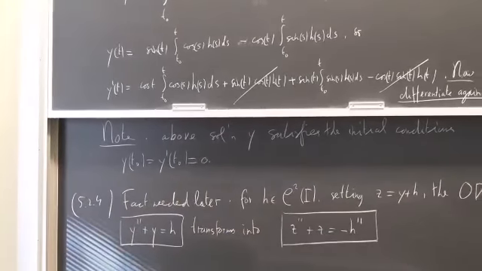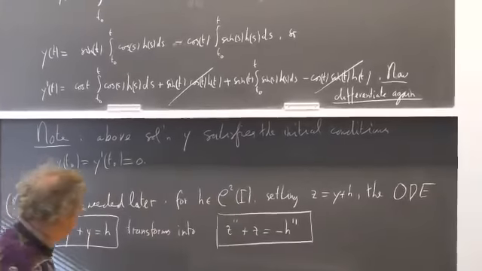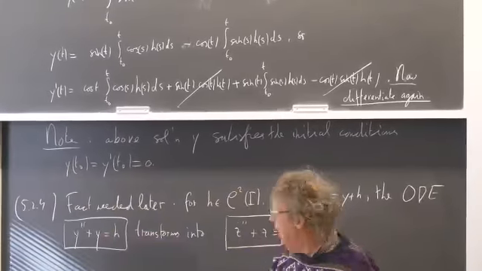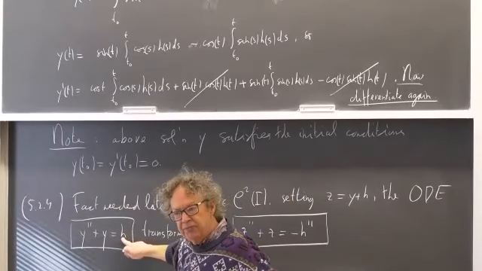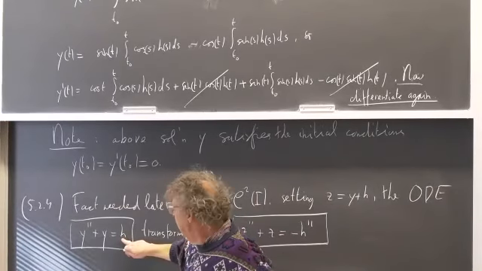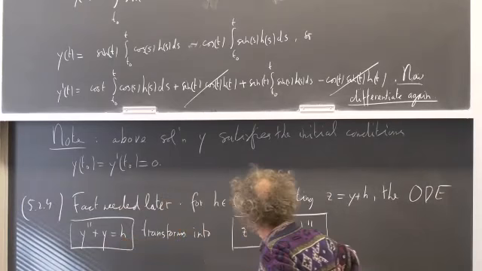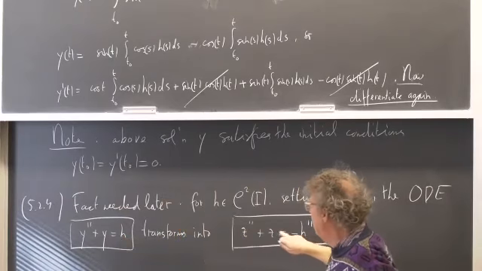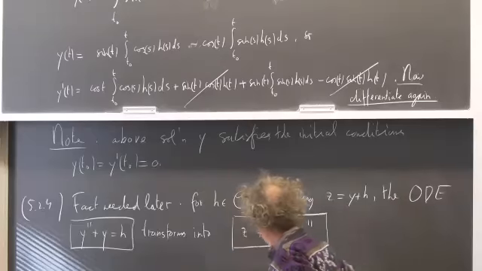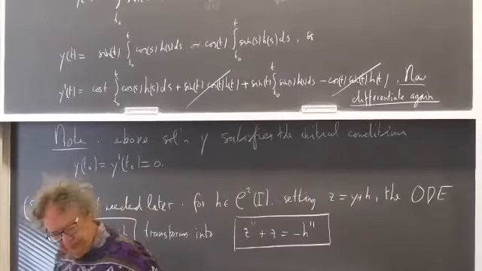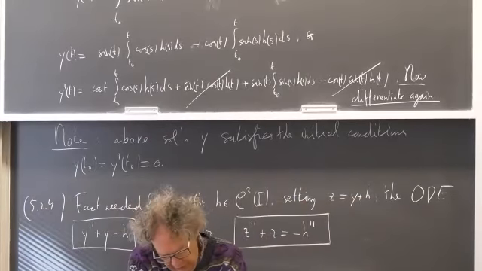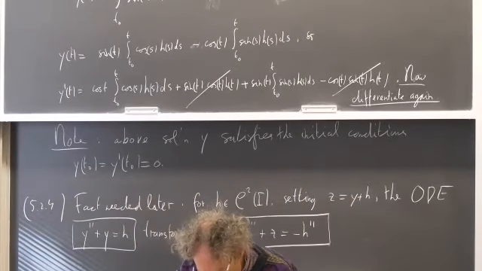And this sometimes has an advantage. For example, if h is x, then h double prime would be 0. Or if h is x squared, then h double prime here would be 2. And so we can take advantage of that.